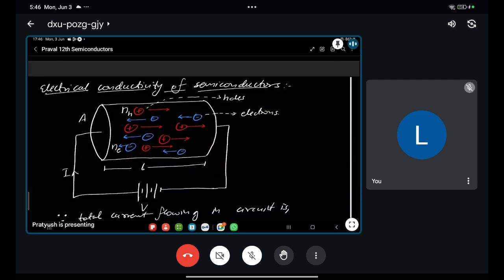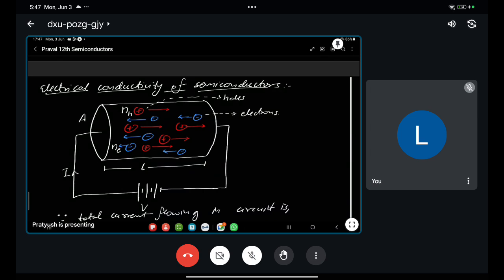So because of that electric field, positive charges will move along the electric field, and negative charges or electrons will move towards the positive charge.